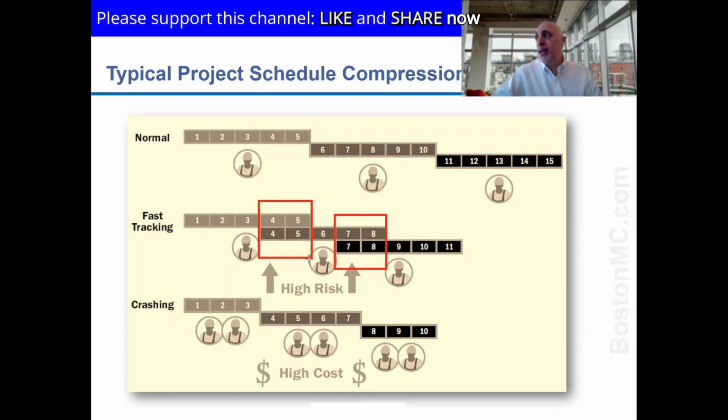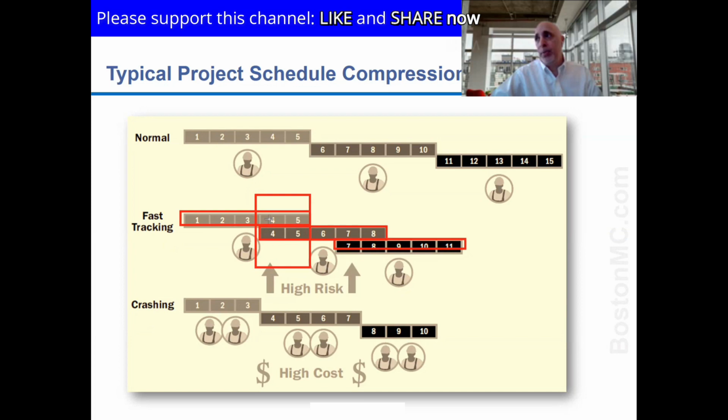But the cost in a way is the same, because although I'm finishing in 11 days, I'm still paying for 15 man days worth of work. I hope you can still all see that there's 15 man days worth of work. I can count 5 here, 5, 5. See, on these 2 days here, I'm paying for 2 people.